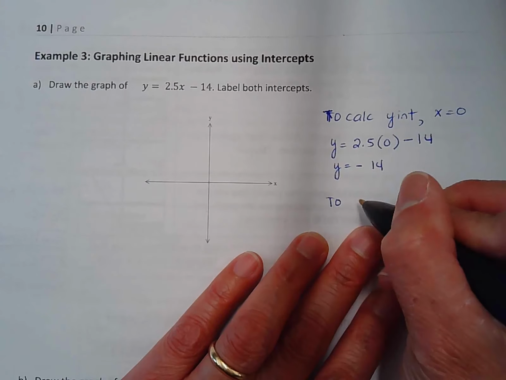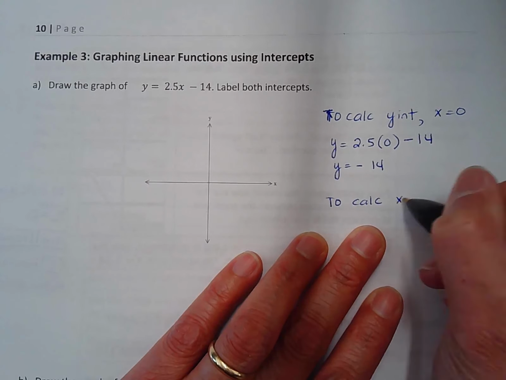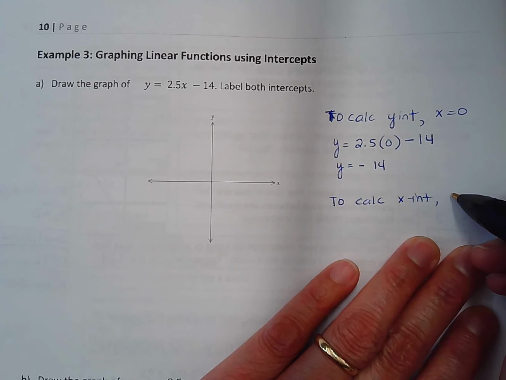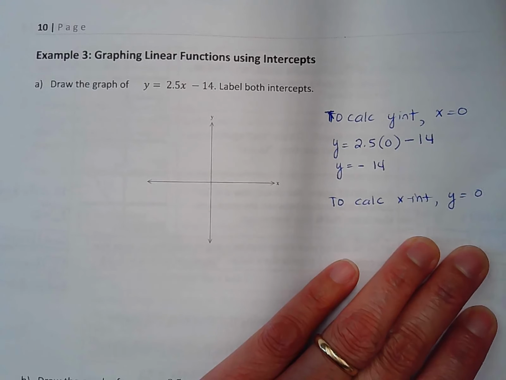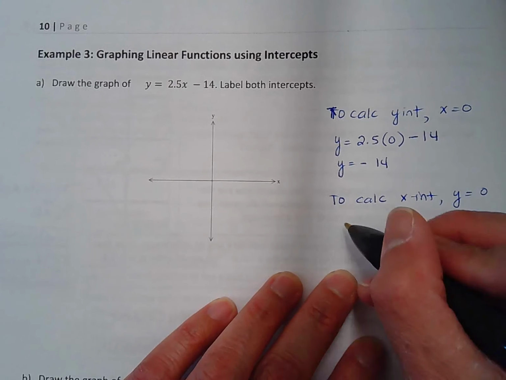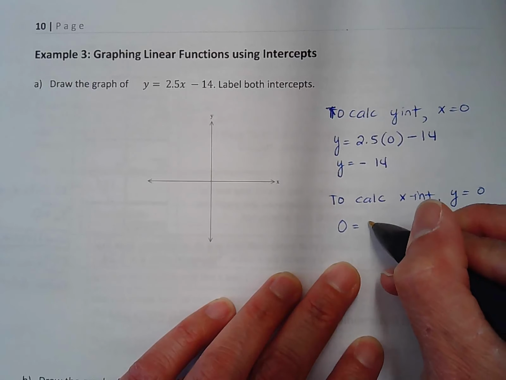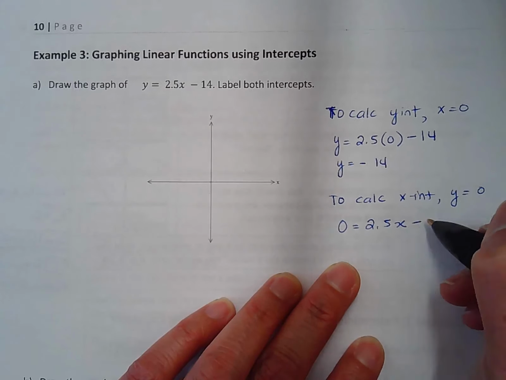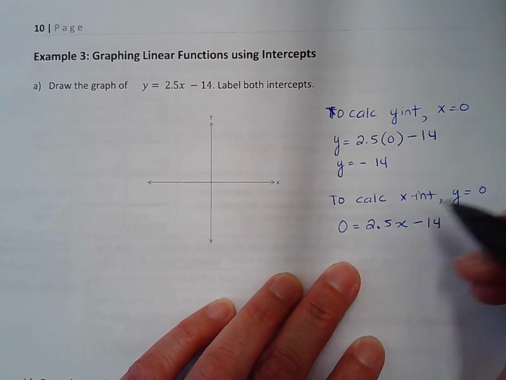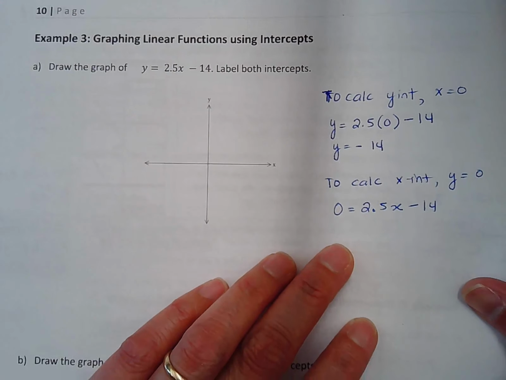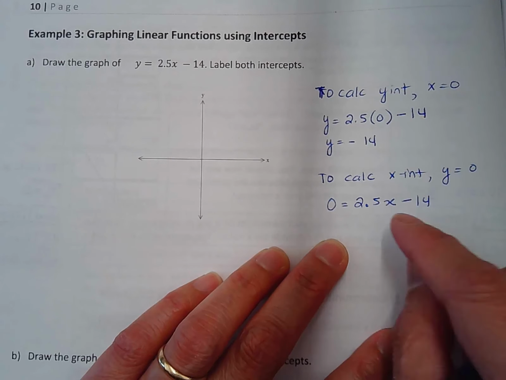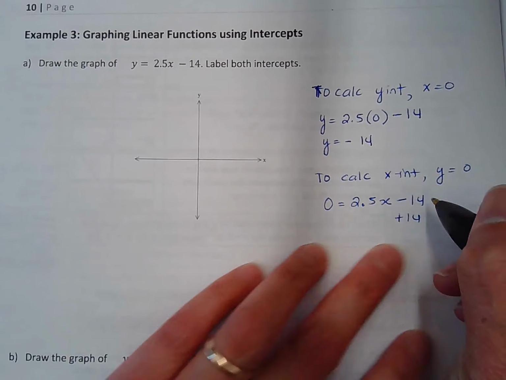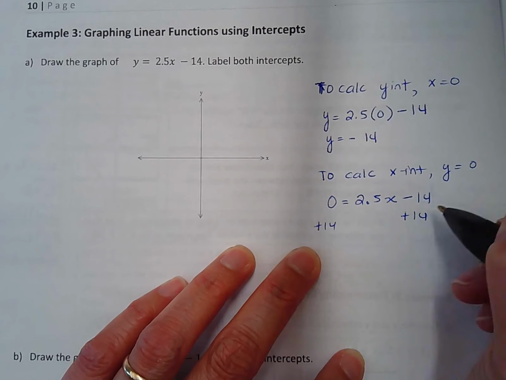Now, to calculate the x-intercept, how do we do that? We're going to set y equals to 0. So it's going to be 0 equals 2.5 times x minus 14. So what do we do to solve for x? You add 14 on each side.